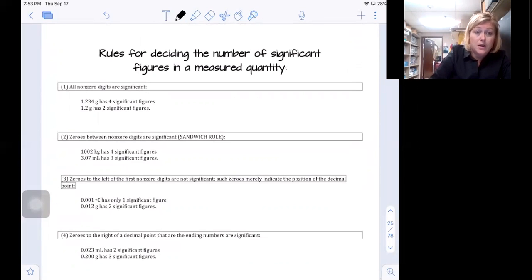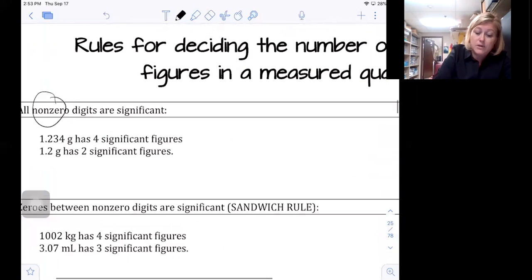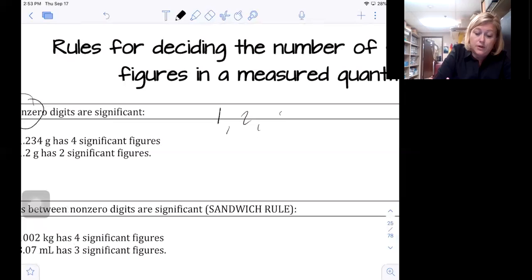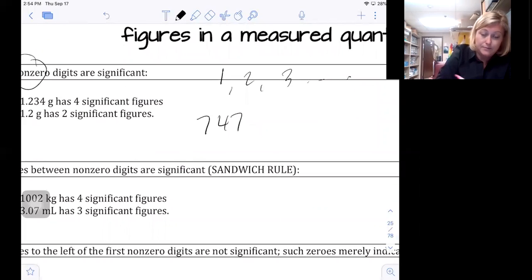Here we go. Rule 1 says all non-zero numbers, so any number that has a 1, a 2, a 3, etc., that digit is significant. So if I were to give you a number like 747, there are no zeros in here, right? The zeros are the ones that you have to worry about with significant figures. The zeros are the hard part.